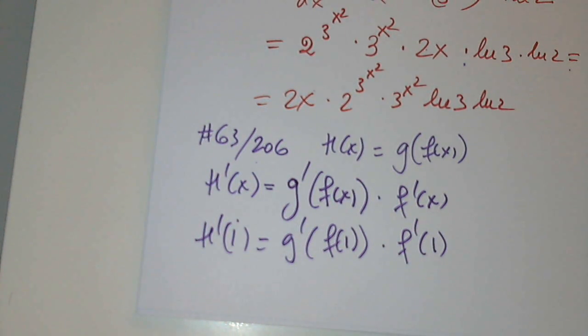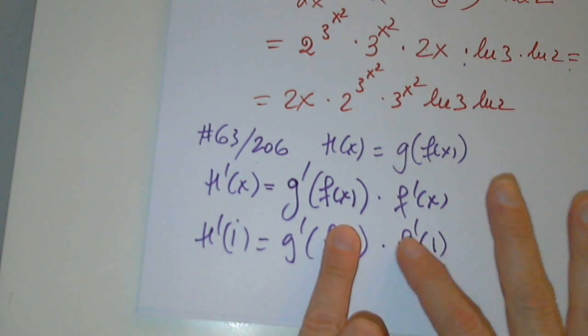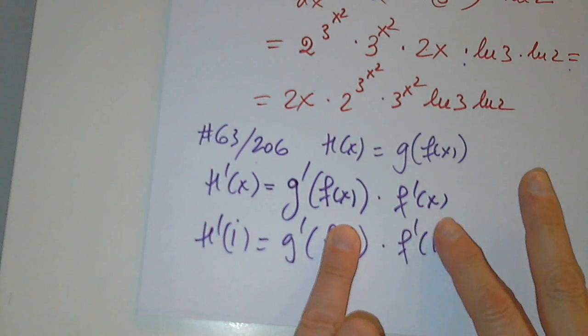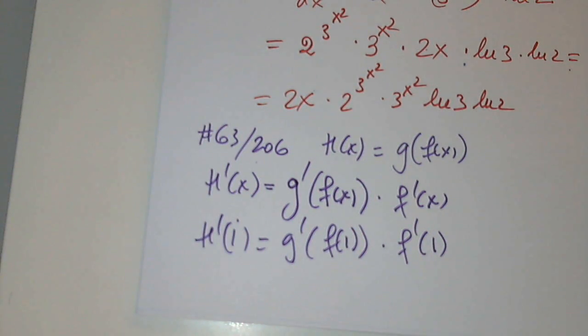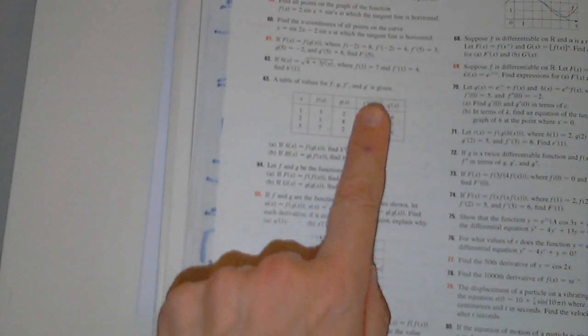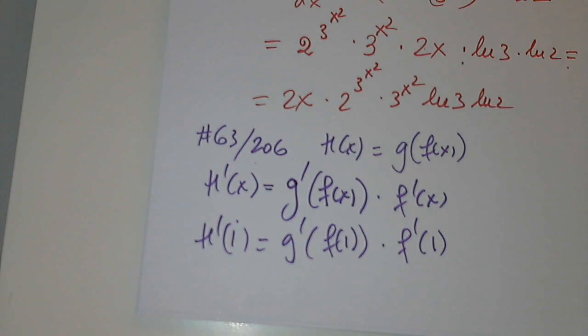Where do I start? Obviously, I have to start with the inner, but this I can use right away because I'm assuming it will be given to us. So we want to find f prime of 1. Is f prime of 1 given here? If prime of 1 is 4, perfect. Is f of 1 given? Yes. 3. So I have 3 and 4 so far.